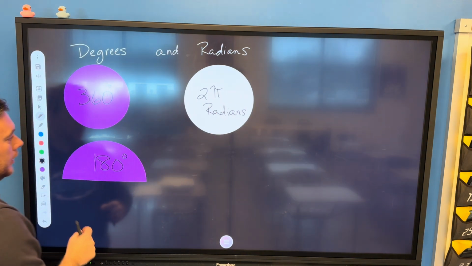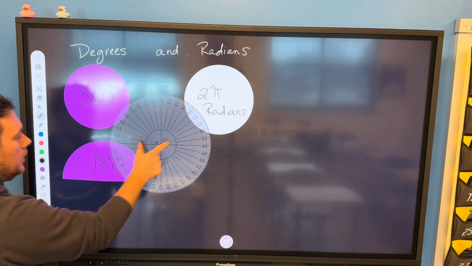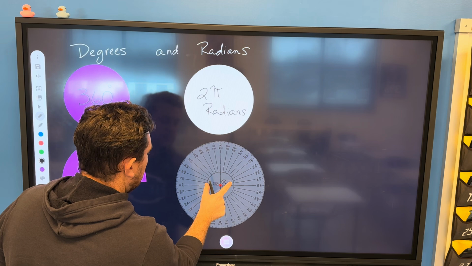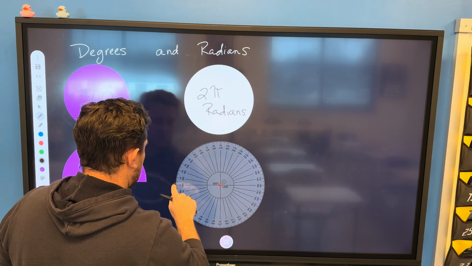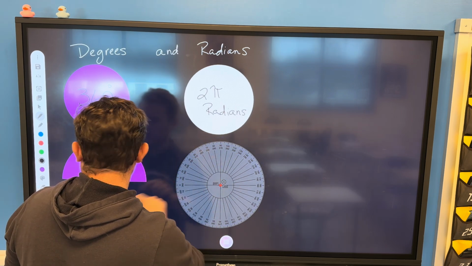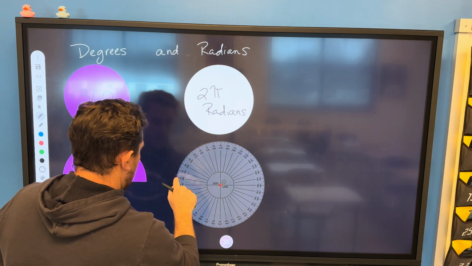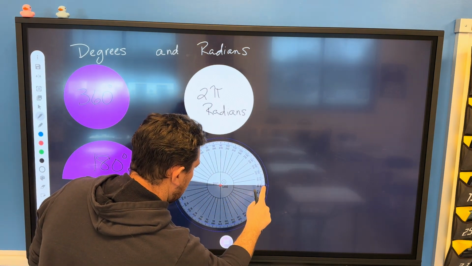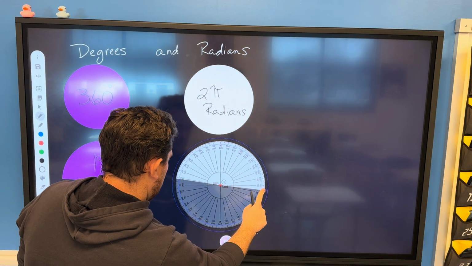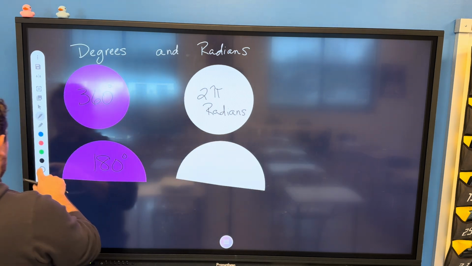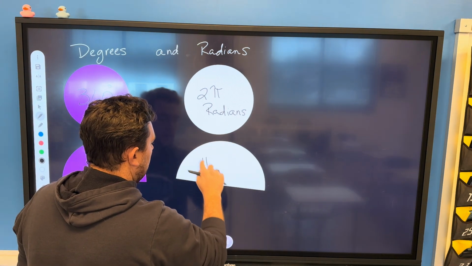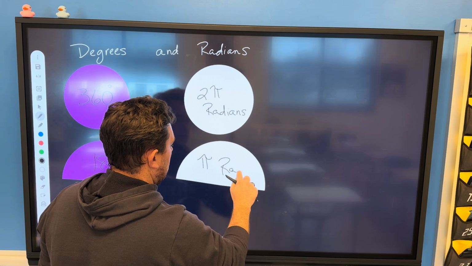So it would be 1 pi radians. Okay, so here, let's bring this up here. Somewhere there-ish. That's pretty good. Okay, and that is 1 pi radians.